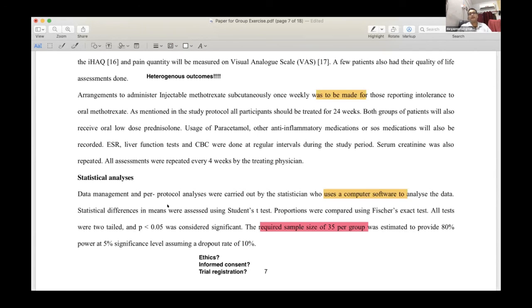Yes. In intention to treat analysis, if you're doing a randomized controlled trial, you are randomizing into two different groups. Intention to treat analyzes only the intention to randomize to a particular group. You have intervention A and intervention B. The patient may have shifted from A to B or from B to A, or have discontinued, but you have the outcomes at the end of the follow-up period. You just analyze them based on the group they were randomized to.